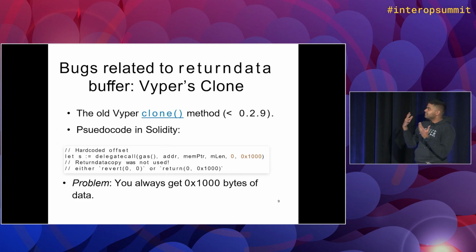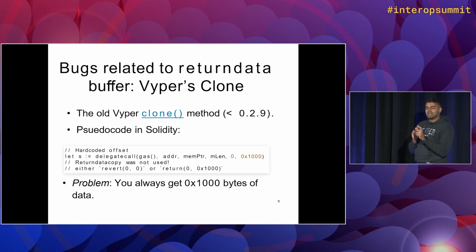So here is a different example, which is what happens if you don't use returndatacopy. And this is what I would consider a small bug in Vyper's clone method. As I mentioned before, there are these minimal proxy contracts which just forward everything over to an implementation, and then you just return everything back. The Vyper clone method before version 0.2.9 never used returndatacopy.